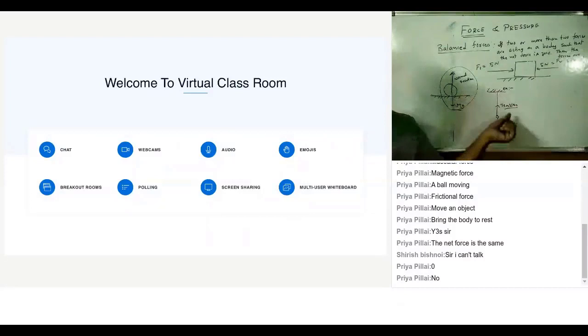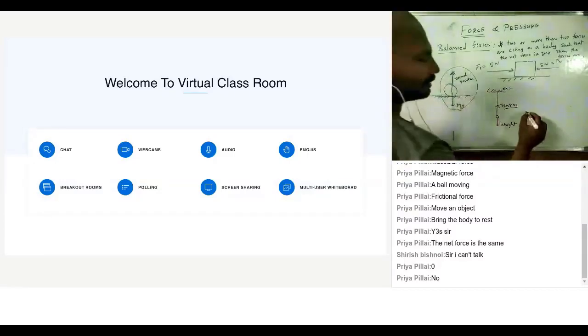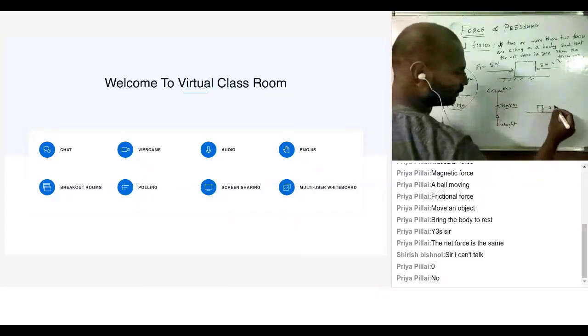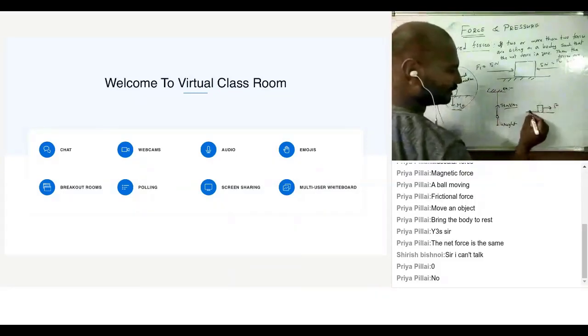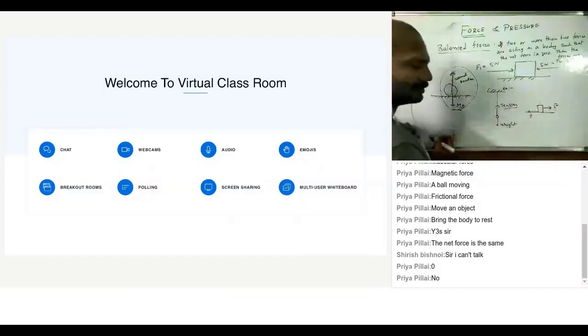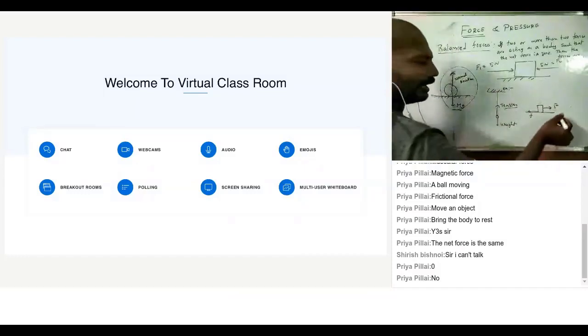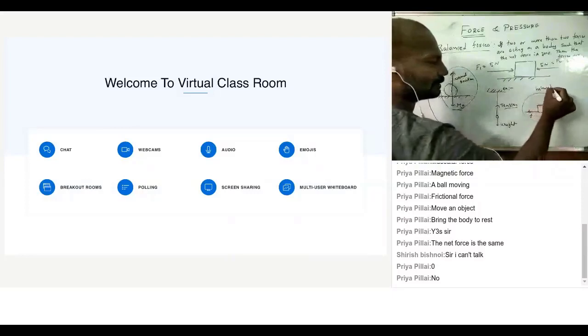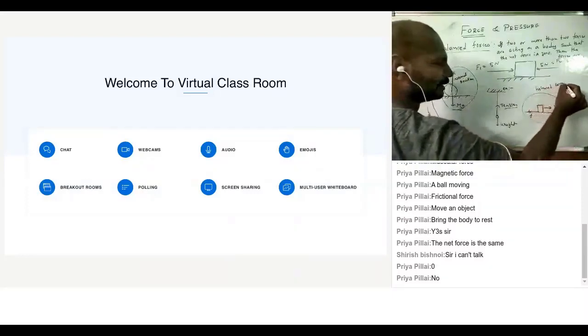If these two are equal and opposite, then the two forces are balanced forces. I hope that is clear. Frictional force: let's say there is a block, and a force F is acting like this. If the friction force is acting in the opposite direction and equal to that, and the body is not moving, then these are balanced forces. Is it clear to all of you?